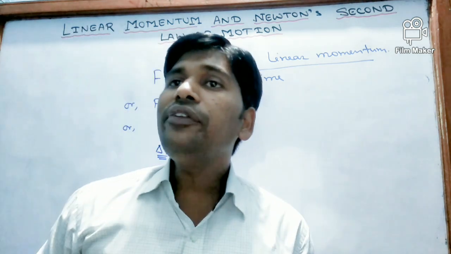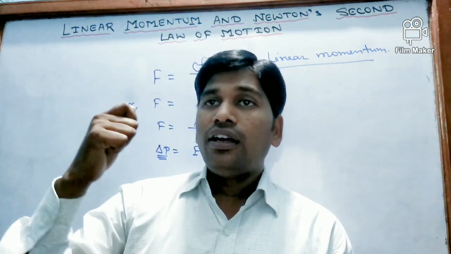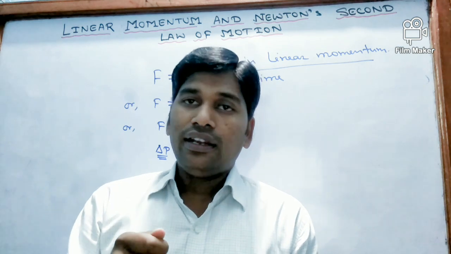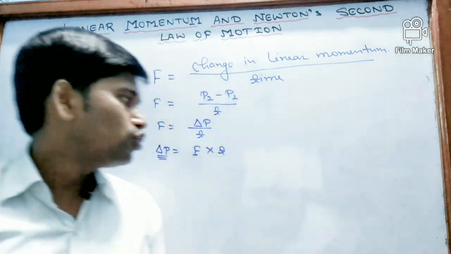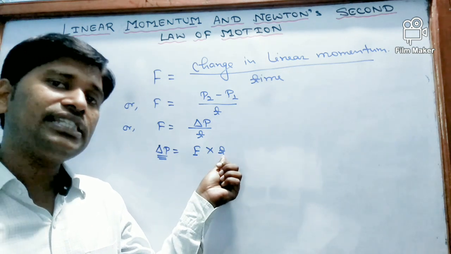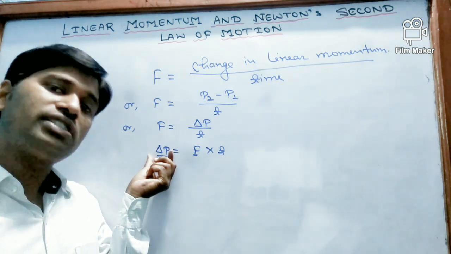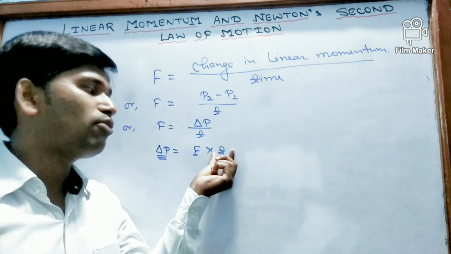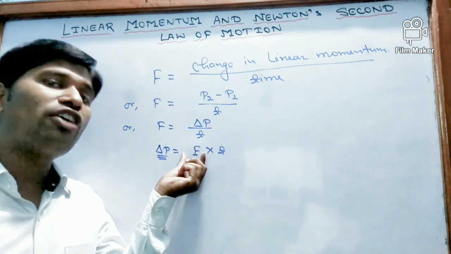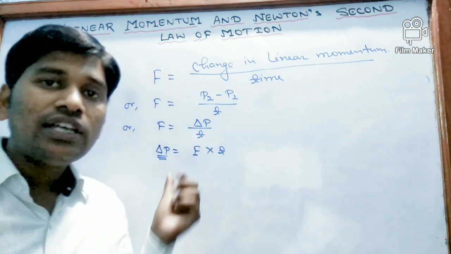Like when we hammer a nail, we are applying a large force for a small time. So force is more, time taken is less. Large change in momentum takes place in a small time by the application of a large force.